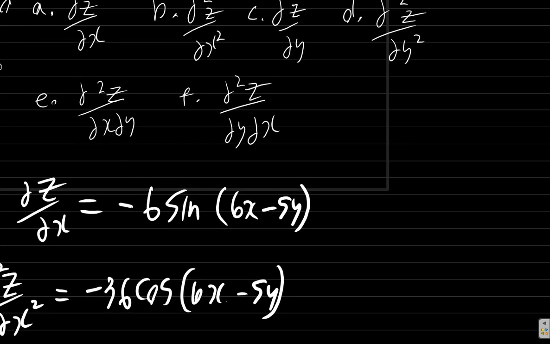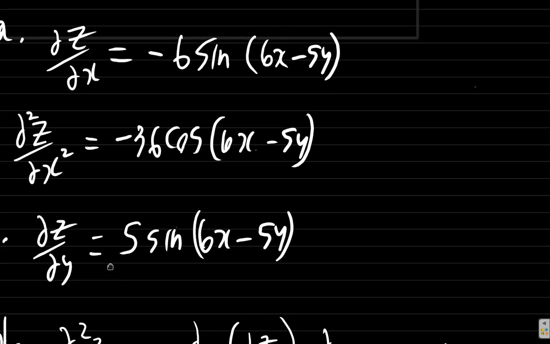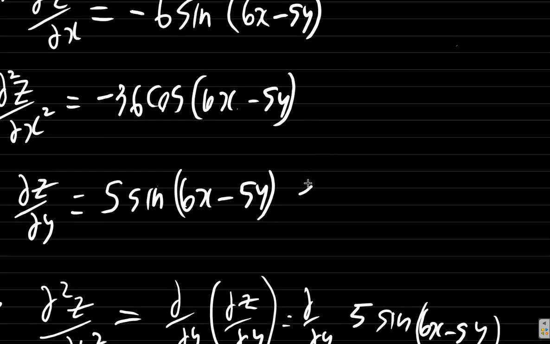So here, to find delta square z by delta x delta y, let's do the other part first. It wouldn't apply to this one because we want to find the delta x of delta z by delta y, and the delta z by delta y is here.